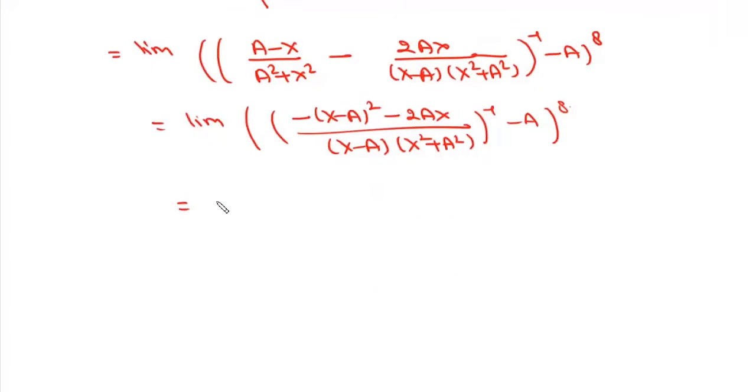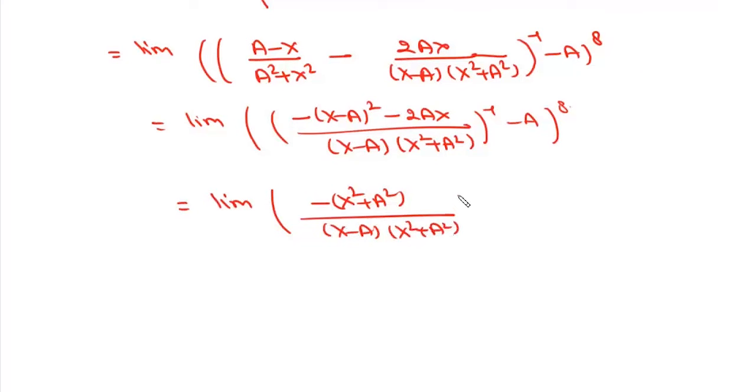Now it will be this limit, and then it will be this minus X square plus A square upon X minus A and X square plus A square, whole to the power minus 1, minus A to the power 8. Now X square plus A square will cancel, and if we take this reciprocal, then it will be this limit A minus X minus A to the power 8.